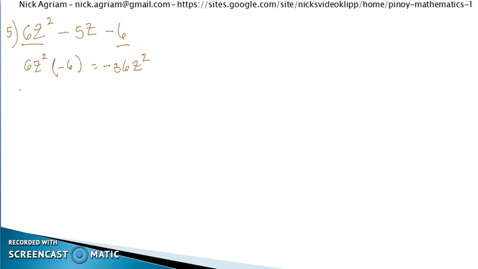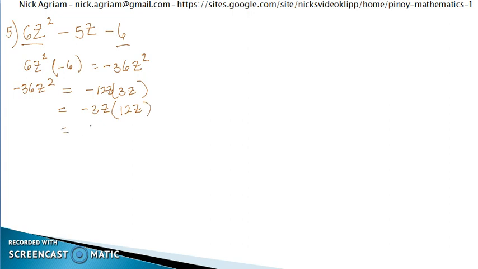For example, negative 36 zeta squared can be factored as negative 12 zeta and 3 zeta, that's 36. Or we have negative 3 zeta and 12 zeta.